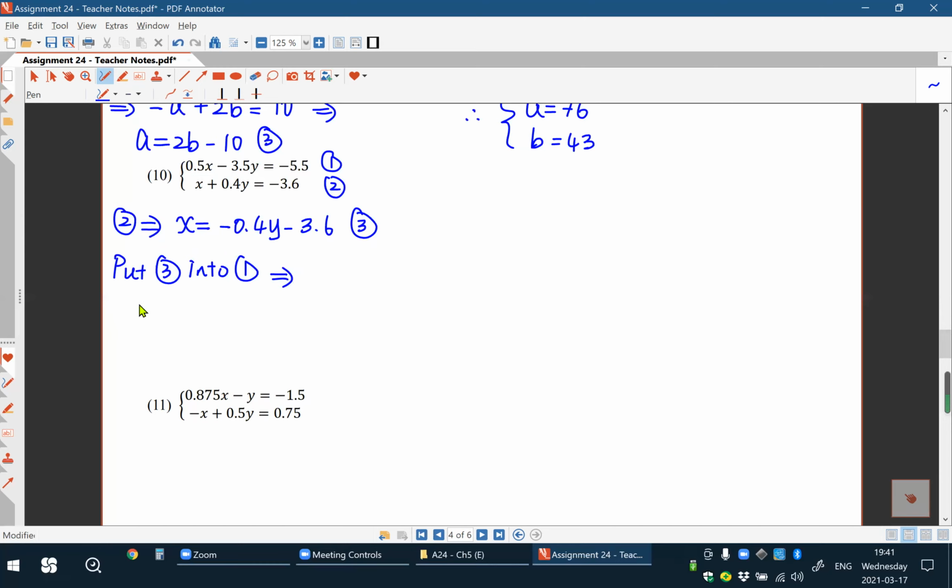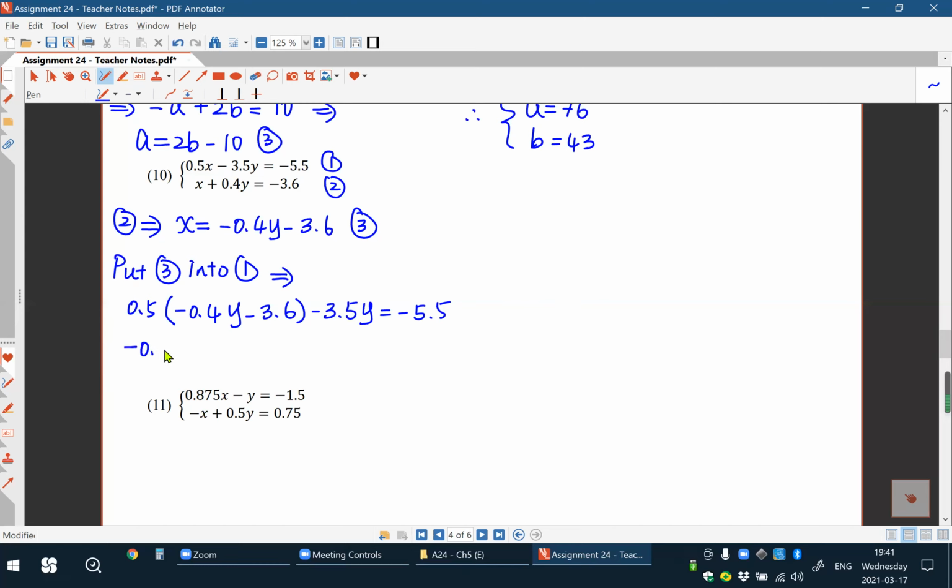And this will give you 0.5 times minus 0.4y minus 3.6, right? And minus 3.5y equals minus 5.5.